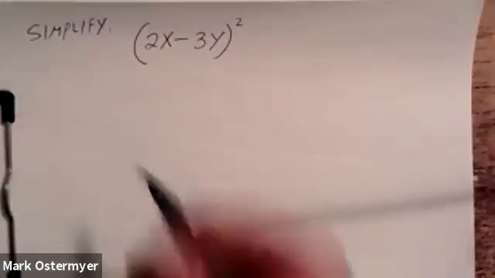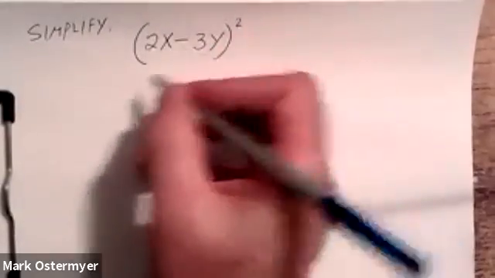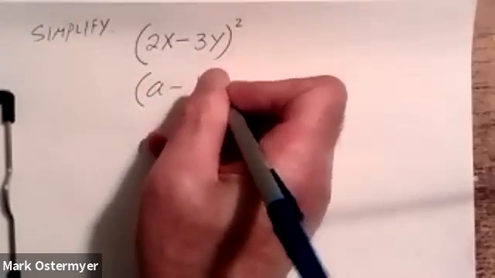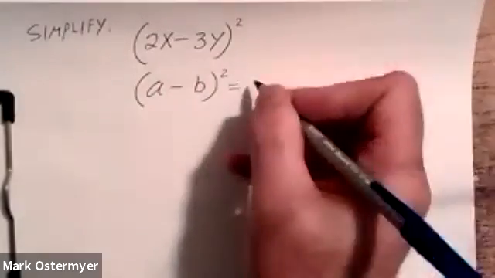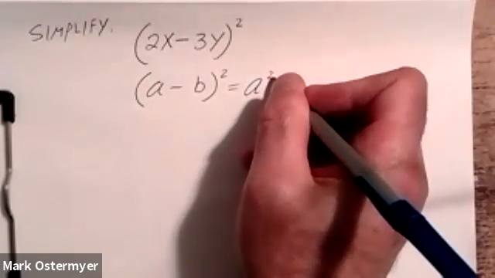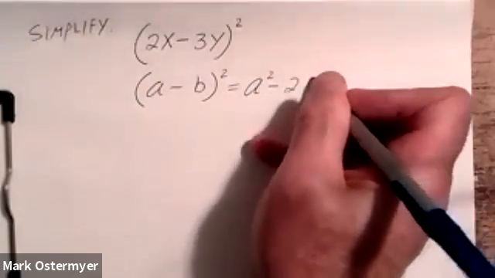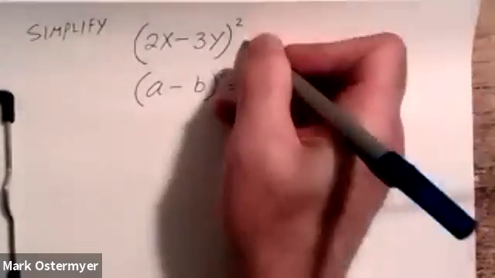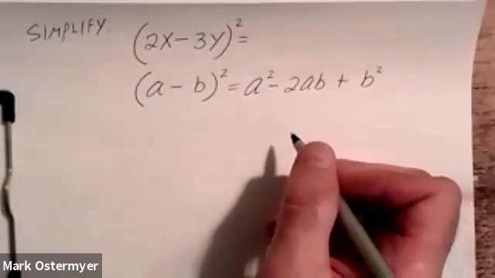All right, so below this problem I'm going to put the special product that we're going to use: (A minus B) squared, which if we have this memorized would be equal to A squared minus 2AB plus B squared. All we got to do is follow along now.